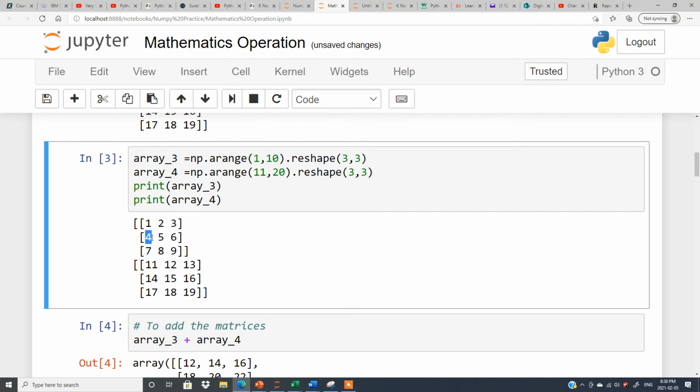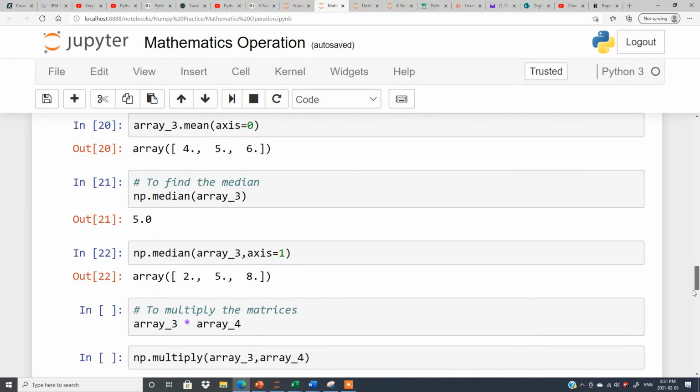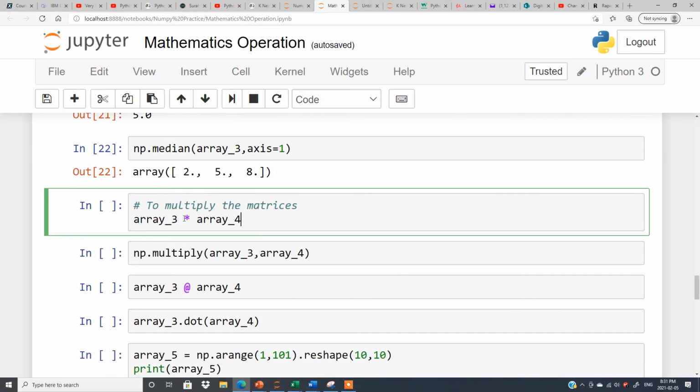See, this is the first entry of the second row, it is added, subtracted or divided with the corresponding entry of the second matrix. But multiplication does not work like this in matrices. If you want to multiply just the corresponding entries, you have to use this asterisk sign.